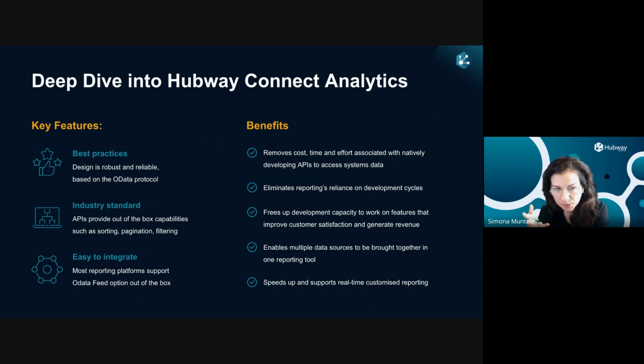Hubway Connect enables bringing together multiple data sources in data staging or in another reporting tool. And by doing this, it speeds up customized reporting, and it ensures for the users that they can have real-time access to the data.